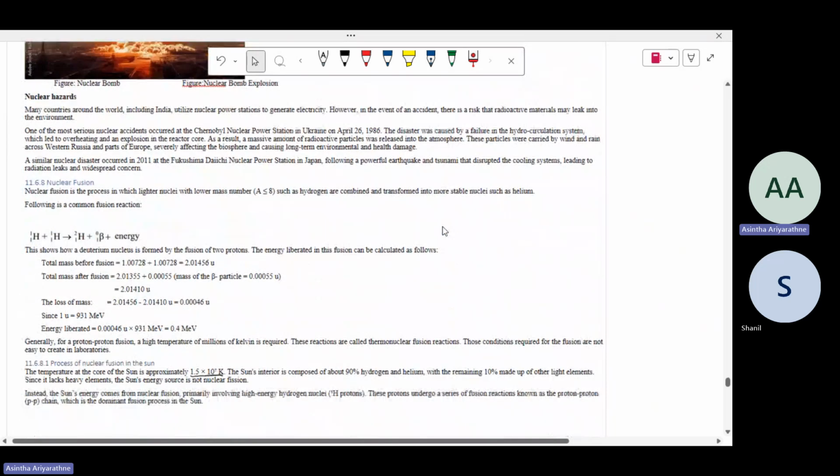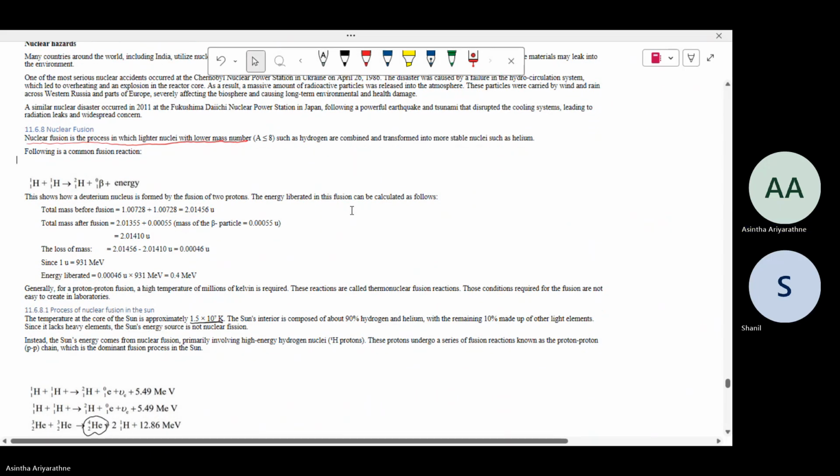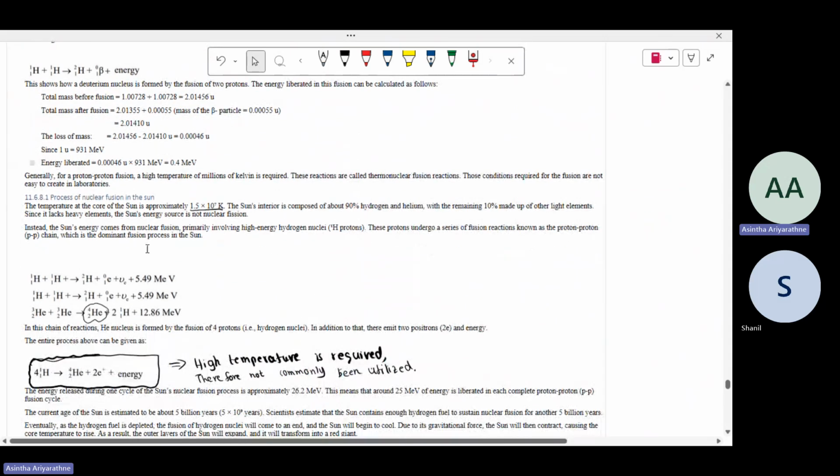Then nuclear fusion. Nuclear fusion is the combination of small lighter nuclei, forming somewhat heavier nuclei and releasing energy. So that's called nuclear fusion. Nuclear fusion happens in the sun, basically.